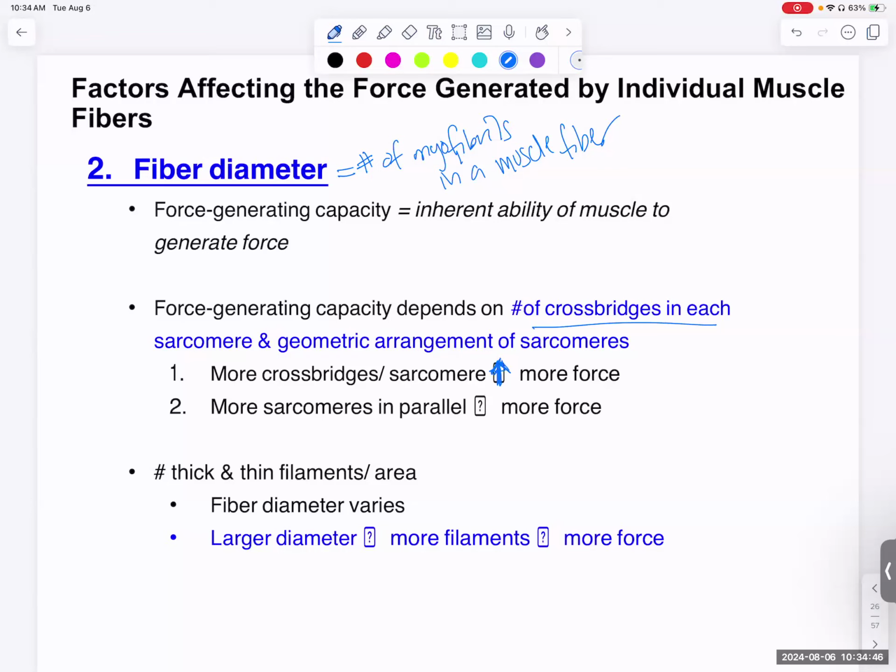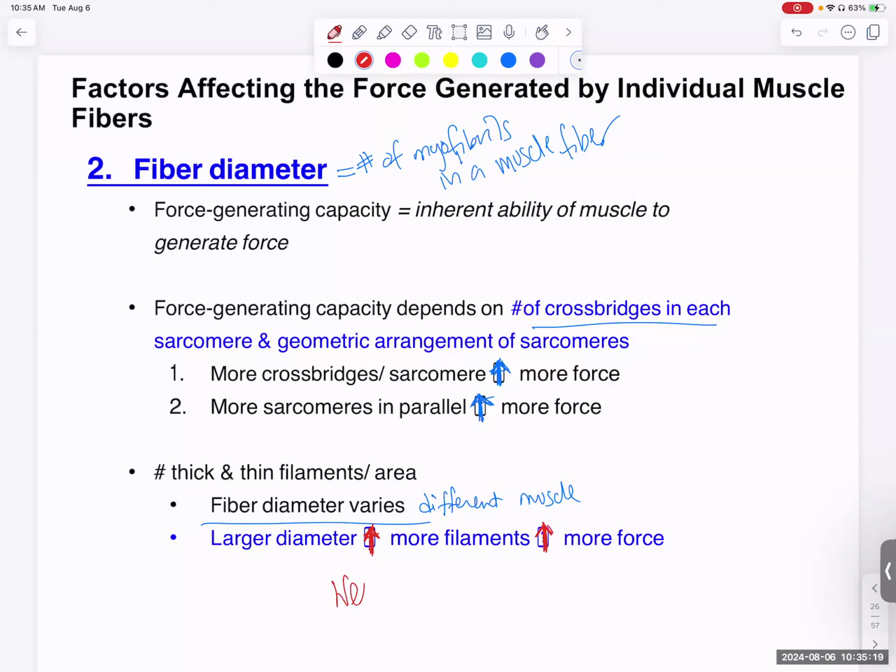More sarcomeres aligned in parallel, you're also going to generate more force. And so fiber diameters vary in different muscles. Some muscles have a lot of myofibrils in a given muscle fiber, and some are smaller. And so what we see is if you have a larger diameter, that just means there's more myofibrils there. That's what makes it bigger, which means you're going to generate more force.